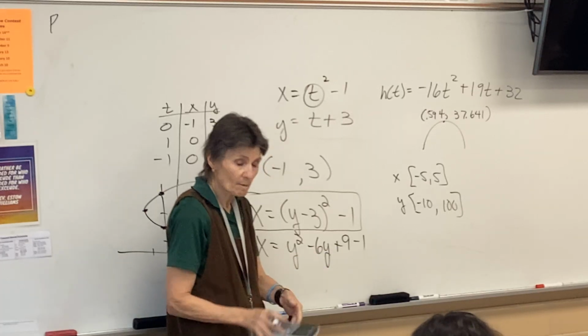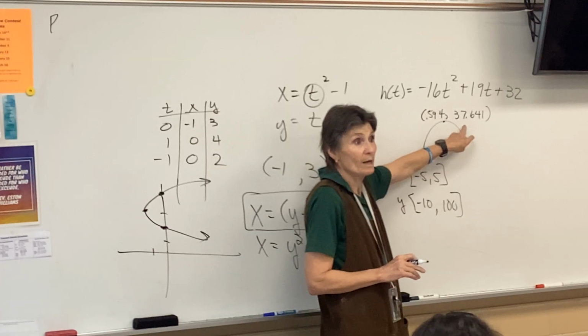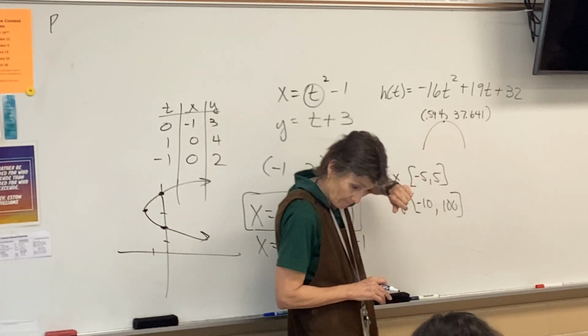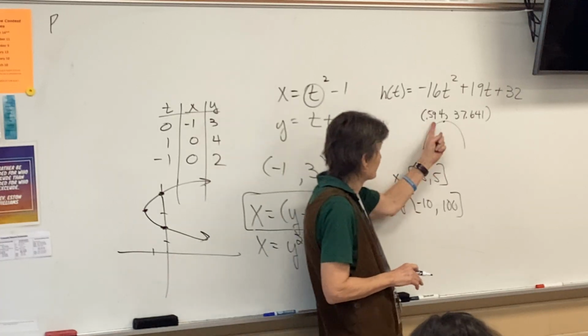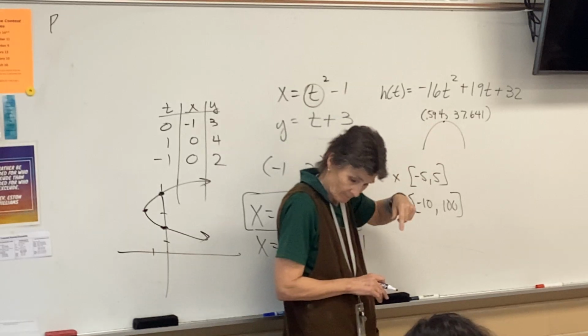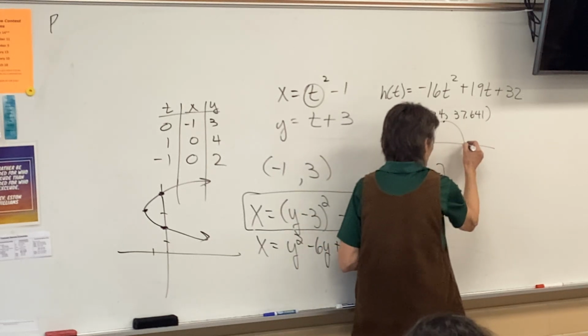So what is the maximum height? 37.641 feet. When does it reach its maximum height? 0.594 seconds. When does it hit the ground? I'm looking for that point right there.